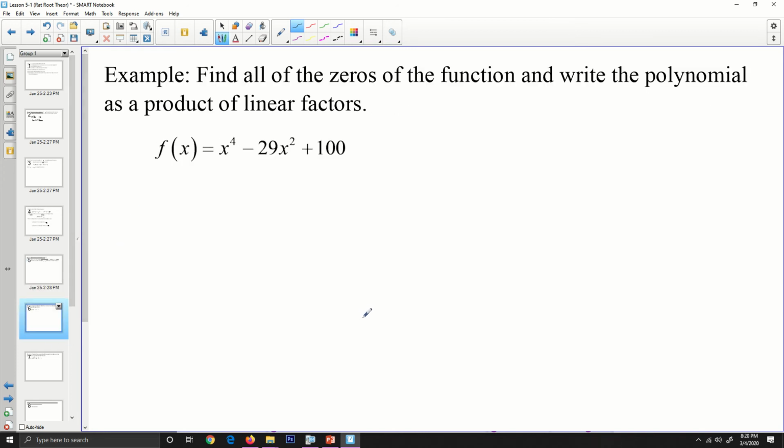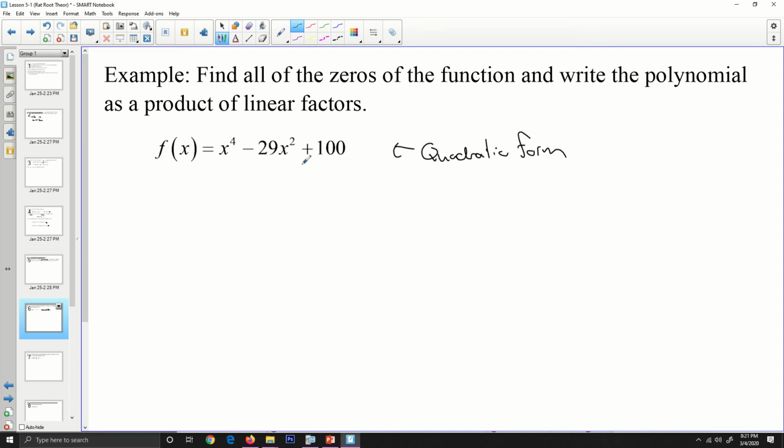So here's a factoring example. It says find all the zeros of the function and write the polynomial as a product of linear factors. Here I see a quadratic form, because I have three terms, the degree of the second term is half the degree of the first term, and the last term is constant. I'm going to try to factor this because the leading coefficient is 1.